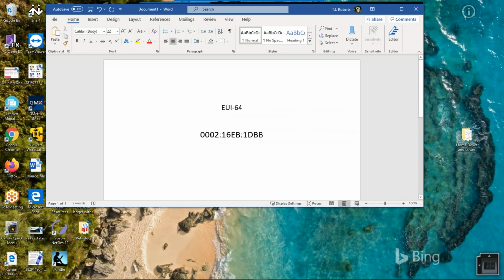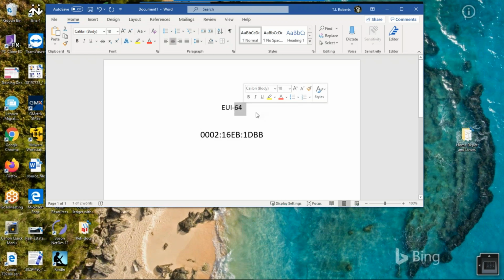This is 4 bits. This is 4 bits. All right. So with that said, how many bits do we have here? 48. Yep. You could just multiply: 4 times 12, you end up with 48.